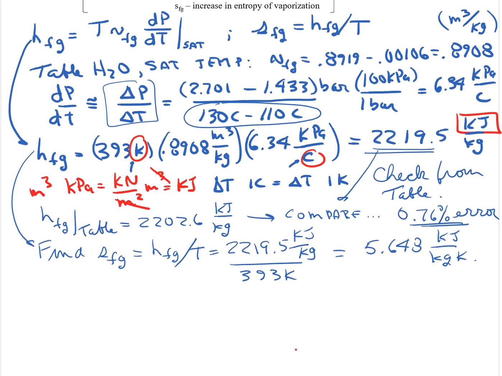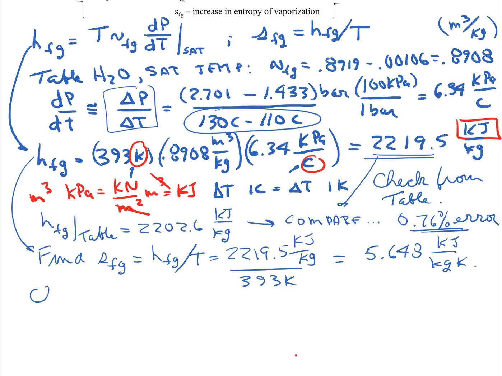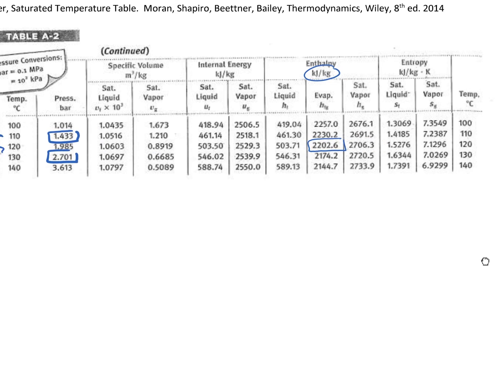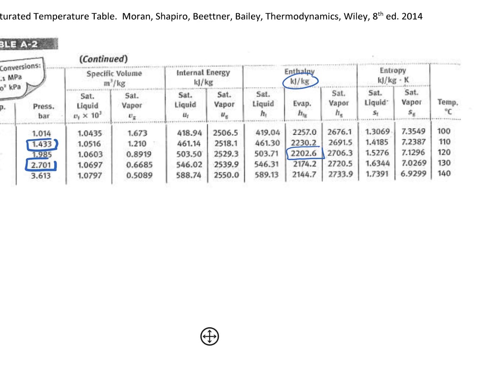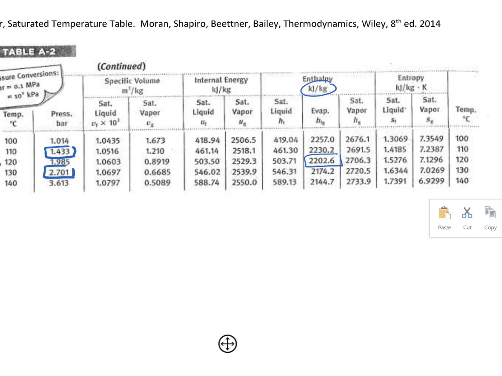I can check this as well using the table. But now I've got to subtract, because in the saturated table, at 120 degrees, the entropy value is only listed for the vapor value and the liquid value, so I have to subtract.